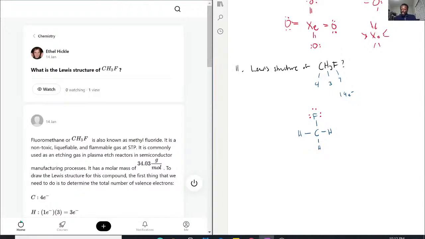And also, is this the best resonance structure? Based on the formal charges, let's see here. Fluorine's formal charge of 0 is represented typically by 3 lone pairs and 1 bond. Okay, so that one is good for formal charge for fluorine.